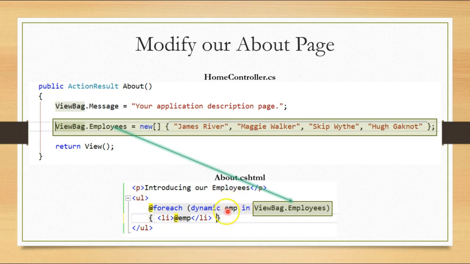And all we're going to do is take this EMP value, for example, James River, and put it inside the LI. All right, so we have the @ sign here. Anytime we want to identify this as being a C# code or variable, all we have to do is put the @ sign in front of it.